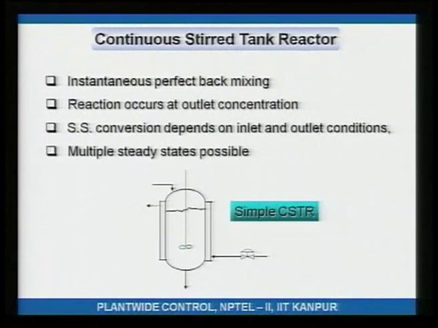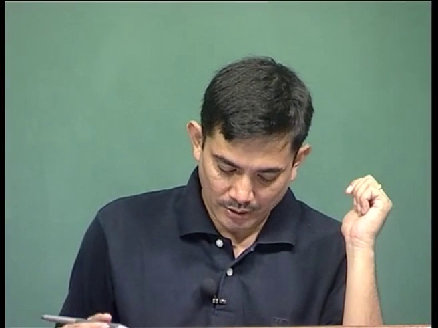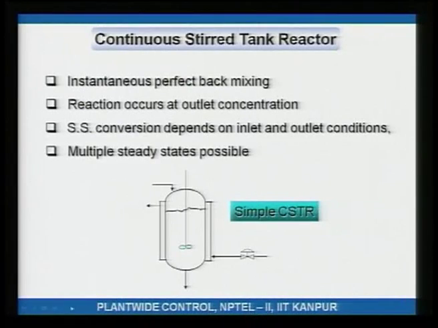In a CSTR, the reaction rate depends on the composition and the temperature inside the reactor, and therefore the material balance has whatever is coming in and whatever is going out, and the reaction rate, since it depends on the outlet state, gives you greater nonlinearity, and because of this greater nonlinearity, there is the possibility of multiple steady states.